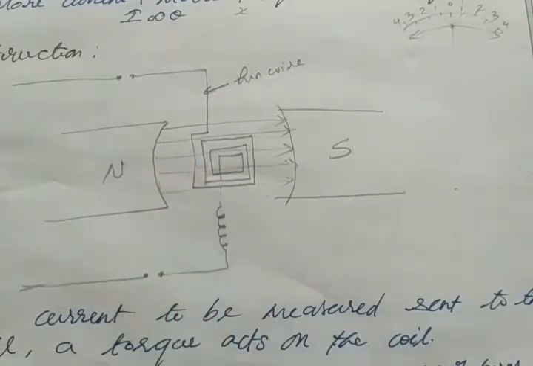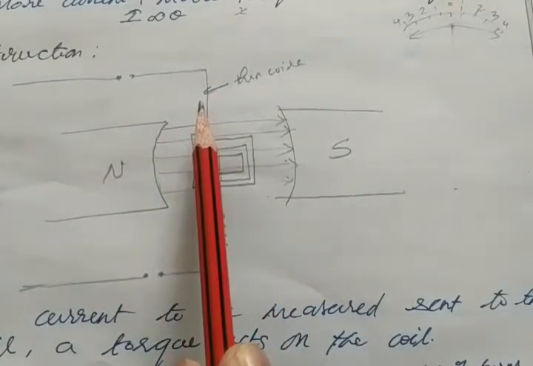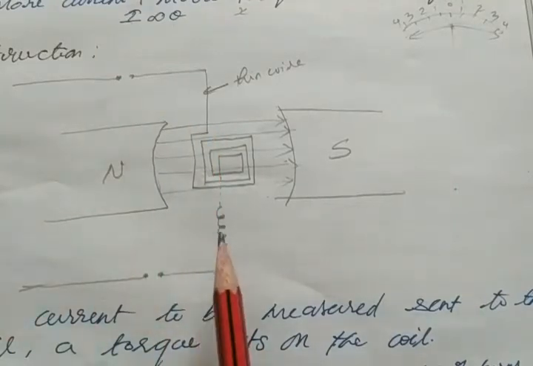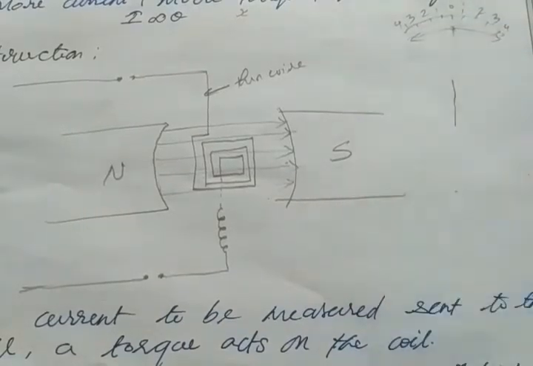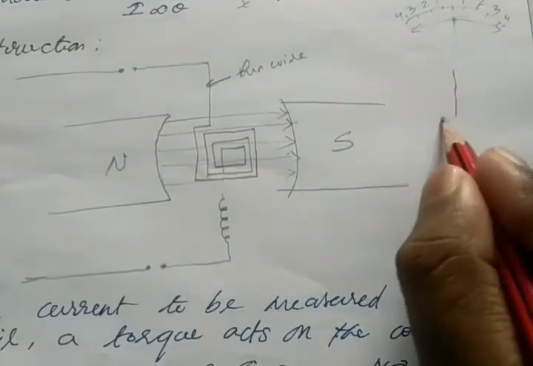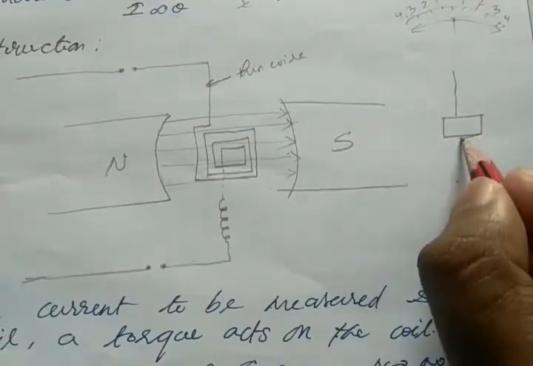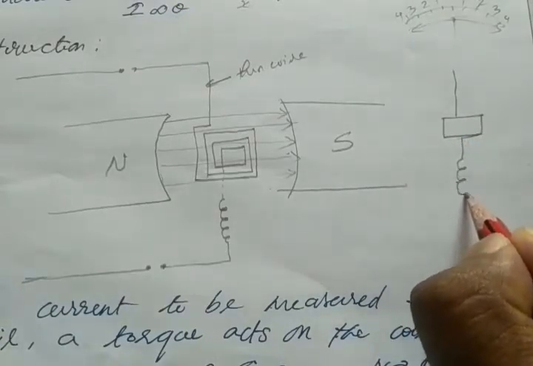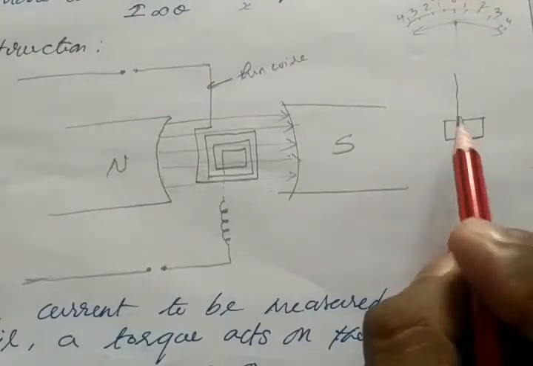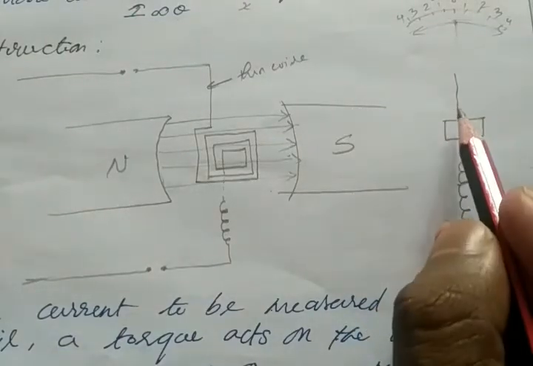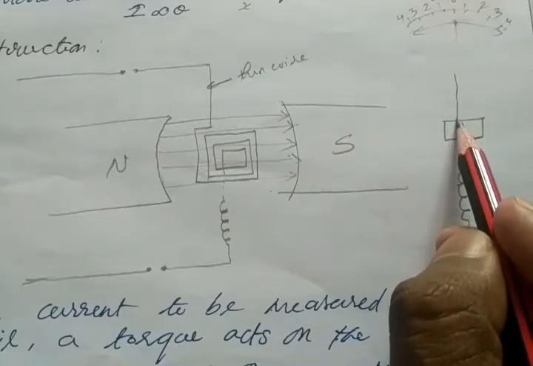If I rotate the coil, then the wire will automatically be twisted, right? And the spring will also get twisted. Just imagine, we have wire and coil and spring. So if you rotate this spring, then what will happen? This wire will automatically get rotated.